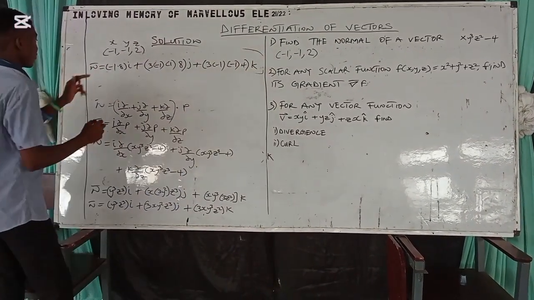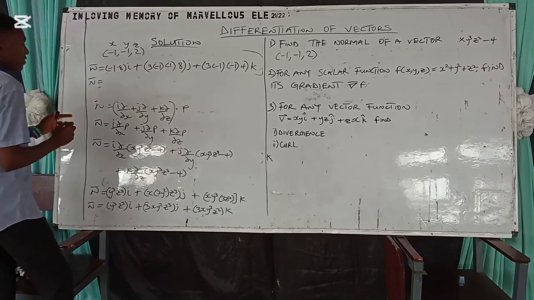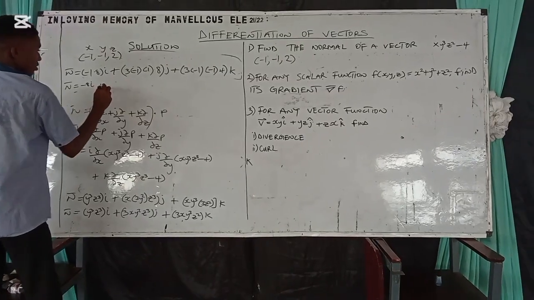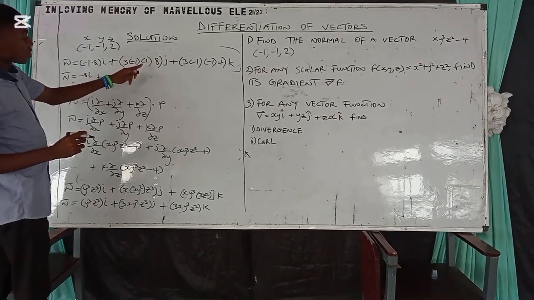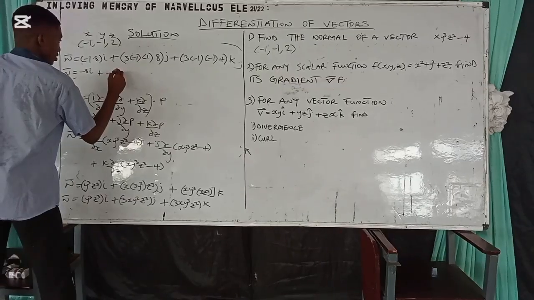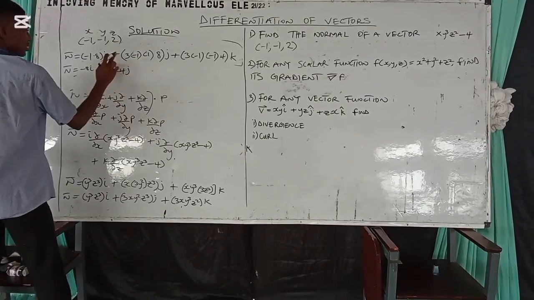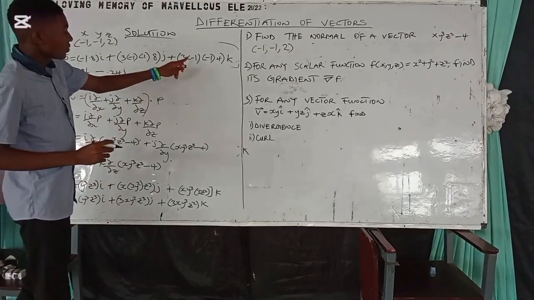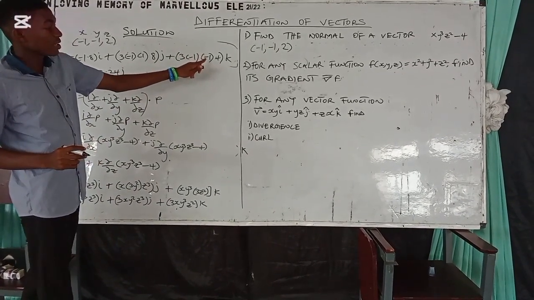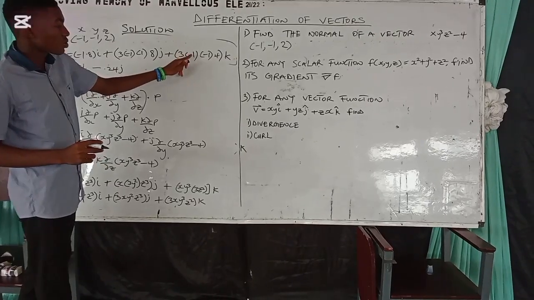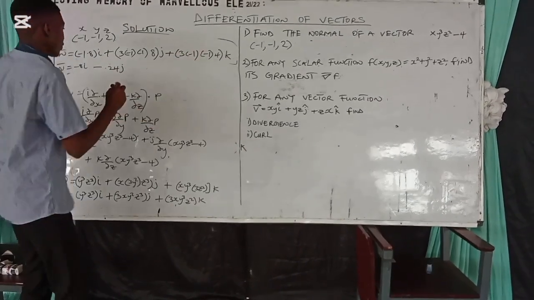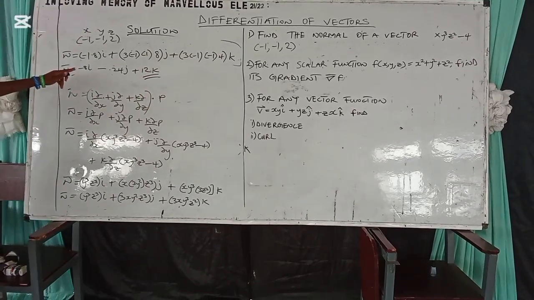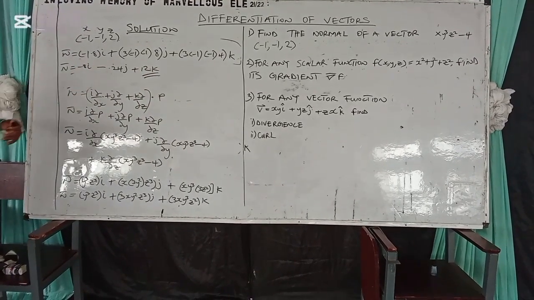So finally, our final vector n is minus 1 times 8, which is minus 8i, plus 3 times minus 1 times 1 times 8, which is minus 24j, plus 3 times minus 1 times minus 1 times 4, which is 3 times 4, 12k. This is our final answer: minus 8i minus 24j plus 12k.